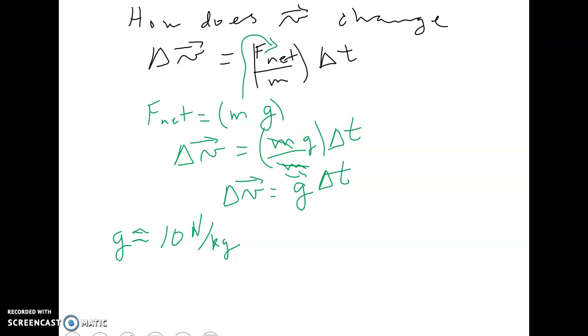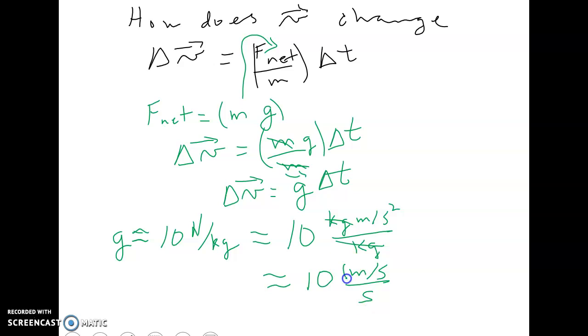But that's also telling you the acceleration, because if we play with the units, 10 newtons per kilogram is the same as 10 kilograms meters per second squared divided by kilograms, and the kilograms go out, and we find that's the same thing as 10 meters per second squared. Basically, the change in velocity, delta V, is going to be 10 meters per second every second that it falls downward. It's always downward.